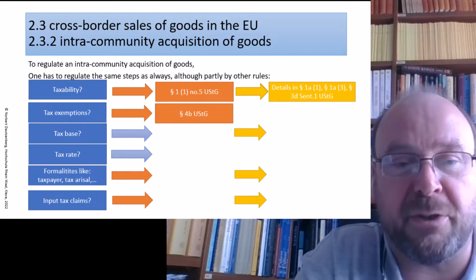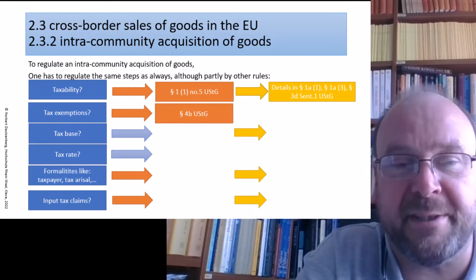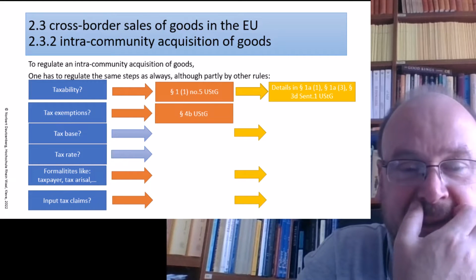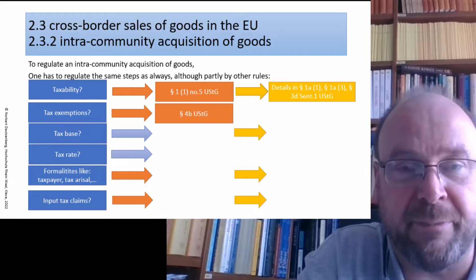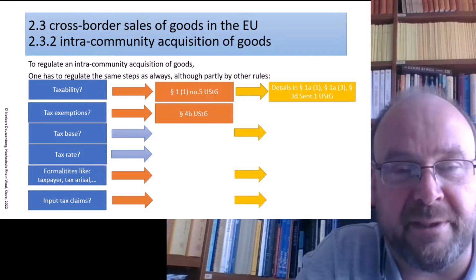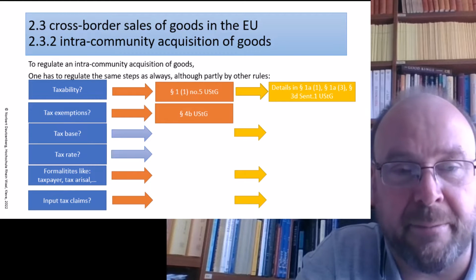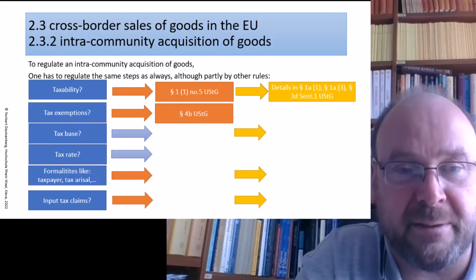And what you need to see first and directly and immediately is that paragraph 4, which lists the usual tax exemption for the seller or the service provider, is not the right list of exemptions for our case. Buying something is something completely different from selling something.